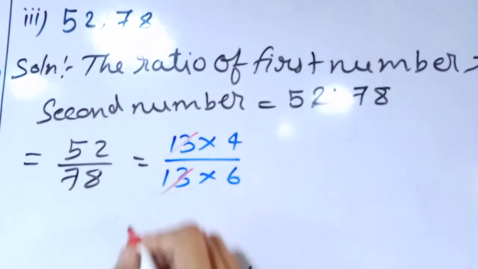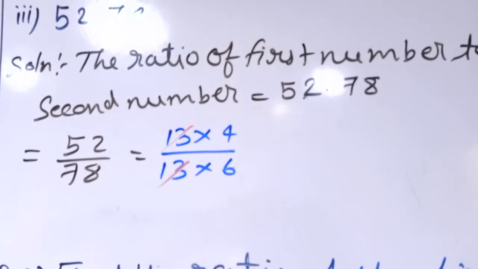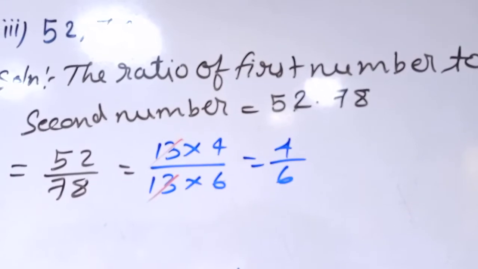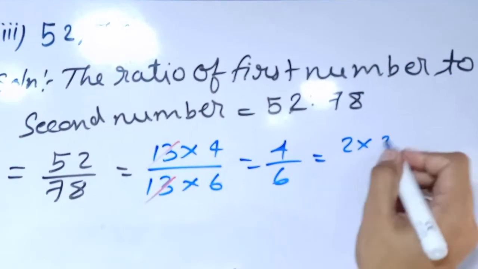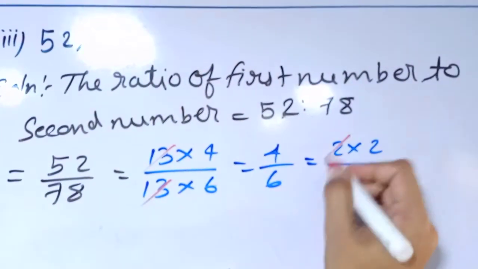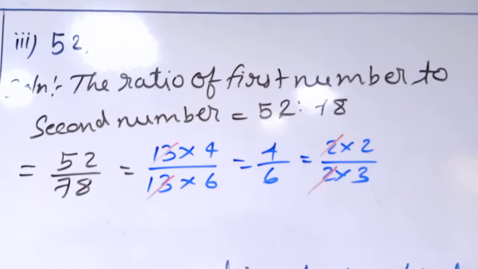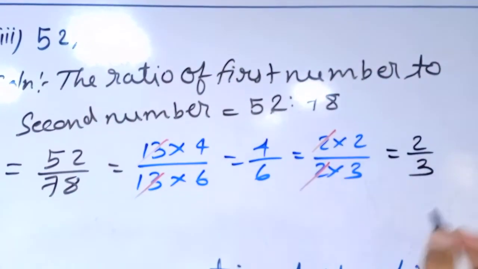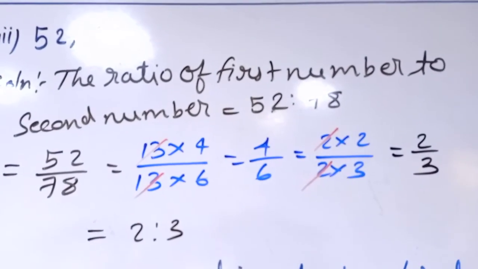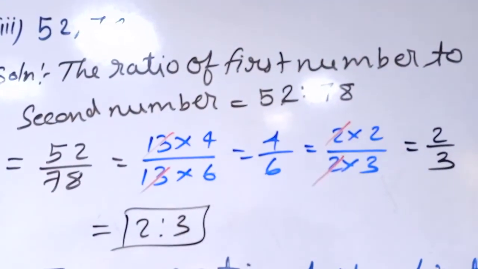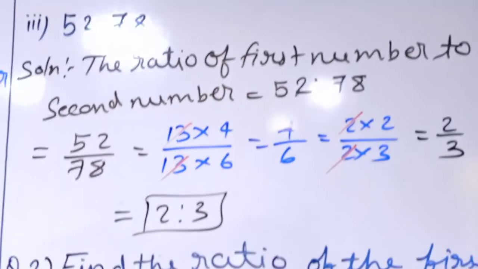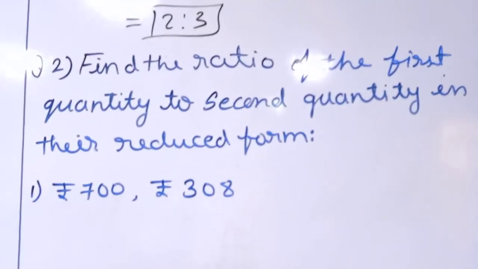So 13 gets cancelled and we get 4 upon 6. Can we factorize it more? It could be 2 into 2, 2 into 3. Yes, again we cancel these two. So we get the final answer 2 upon 3. We write 2 is to 3 as the answer. This way we have to solve it. So let's see the next sum. Question number 2. What is that?